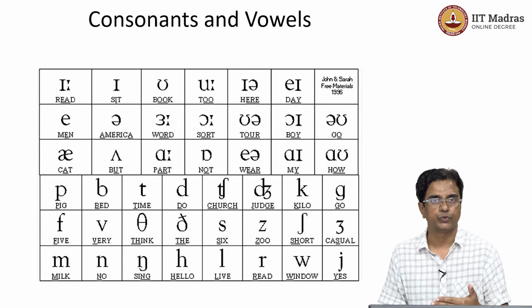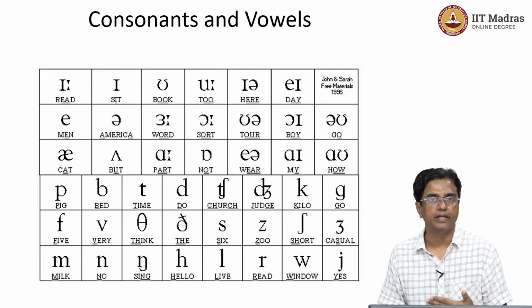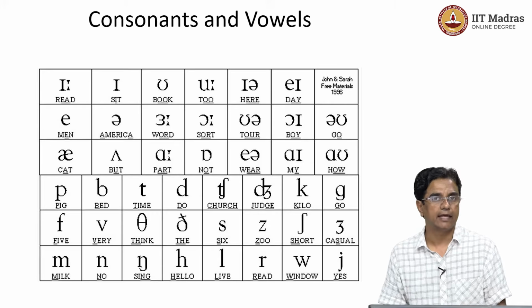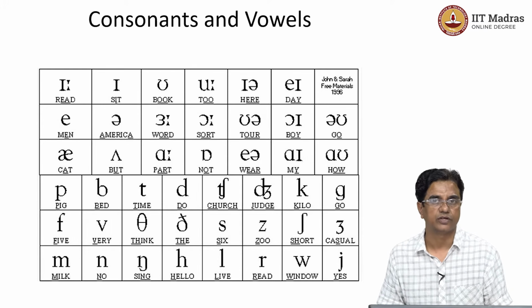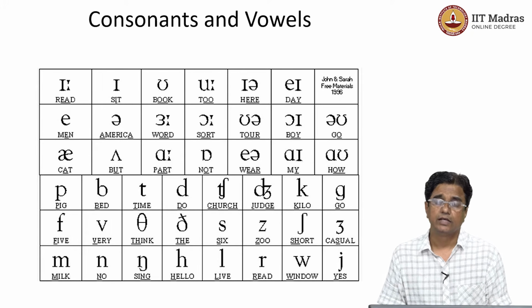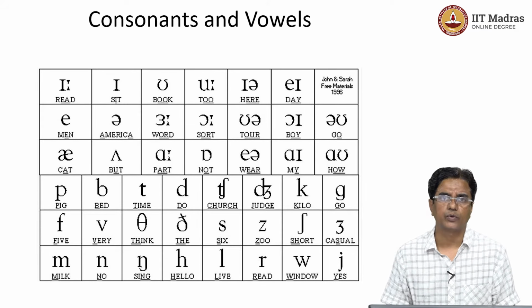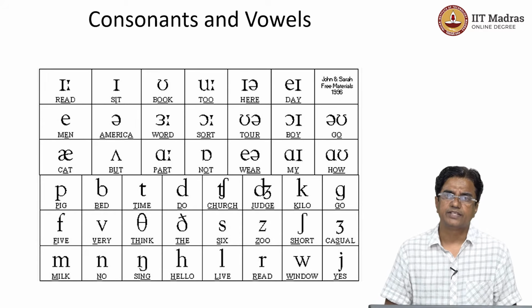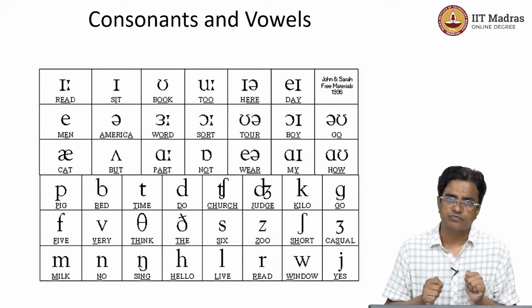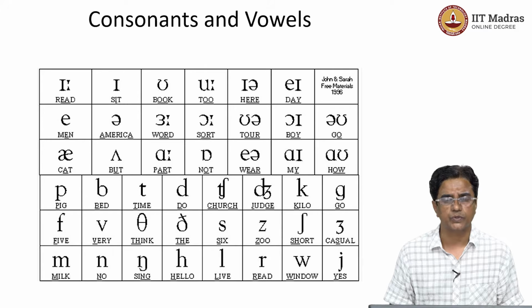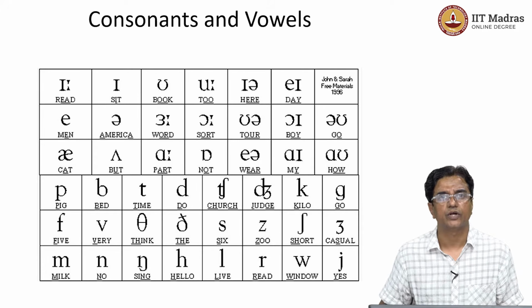I'll explain what I mean when I say they function like vowels. They help vowels. Therefore, they are called semi-vowels. Why not semi-consonants? That's not an important question for us because they are full consonants, so they cannot be called semi-consonants.